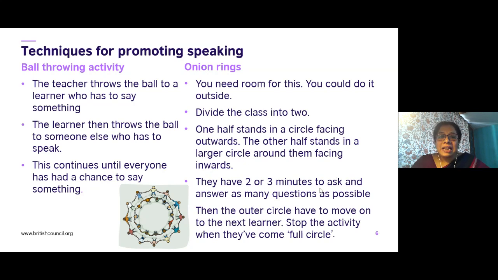The important thing about both these activities is that you could do this not only for your English language lessons. Do you think you can do this in some of your other subjects where you are teaching through the medium of English perhaps?